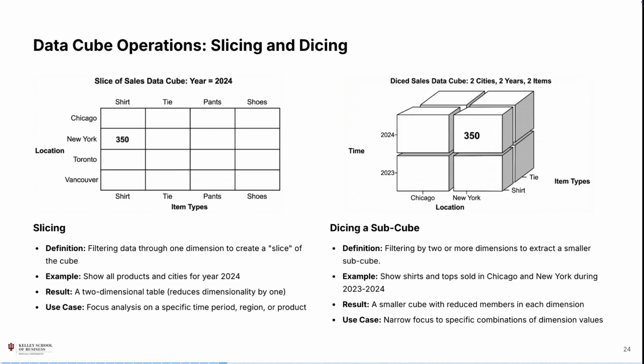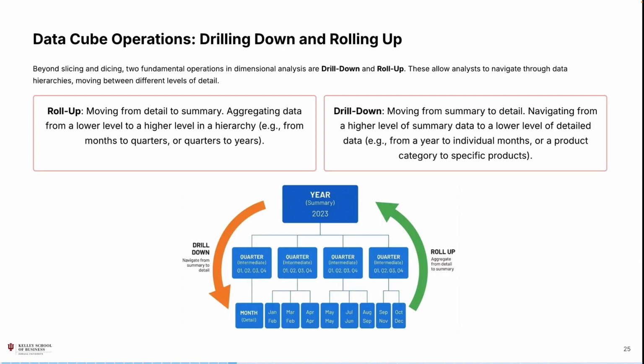So these two operations, slicing and dicing, allow us to focus analysis exactly where we need it. If you want to compare product performance across regions for a specific time period, you can slice by time, dice by region and product.